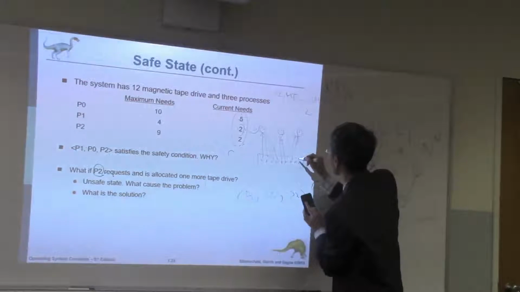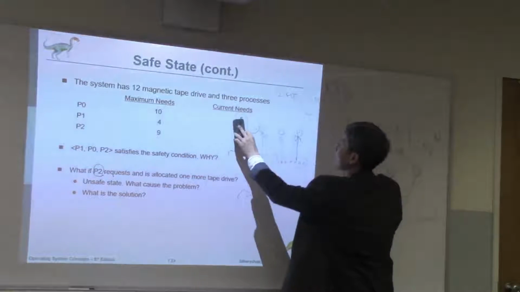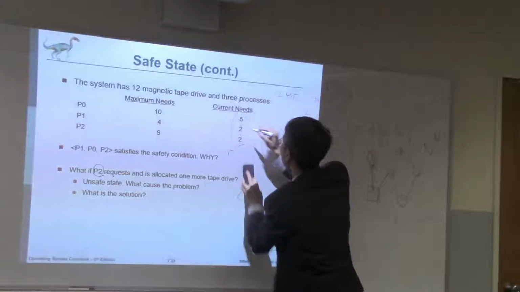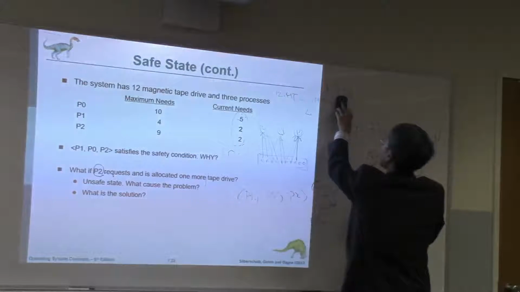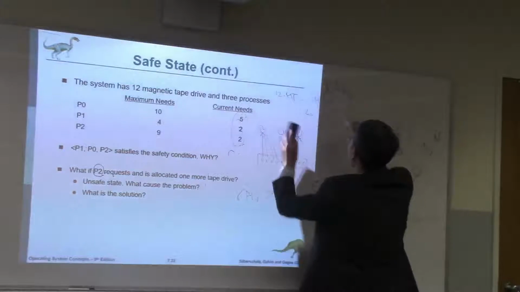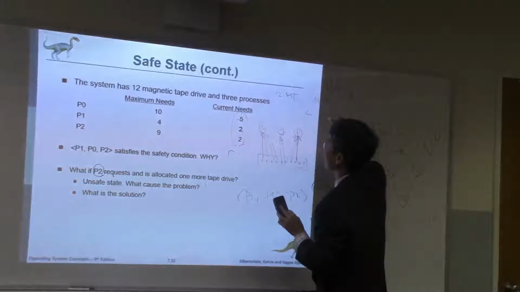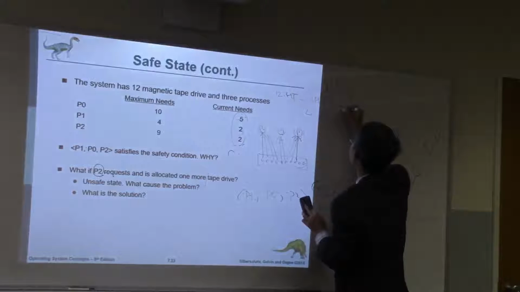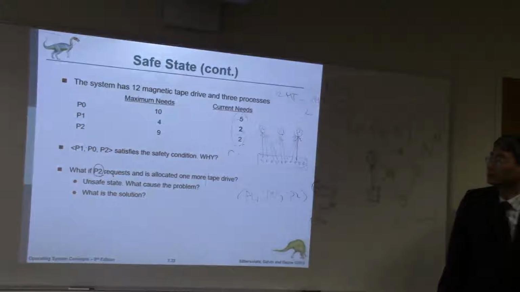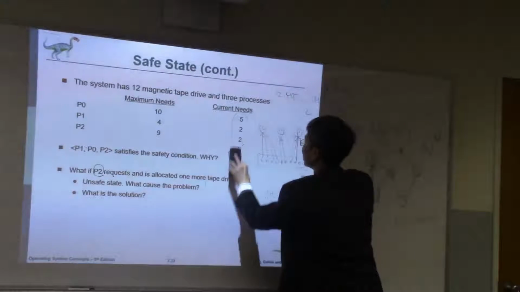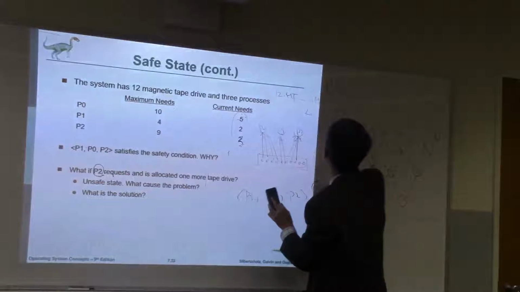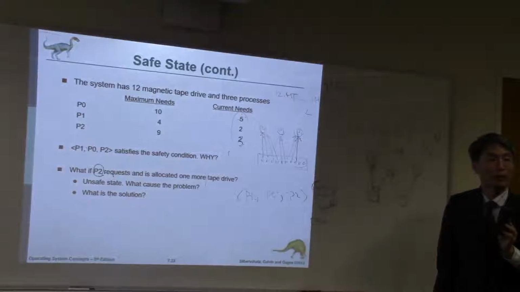So assume this one is allocated to P2, so P2 currently holds 3 of them. What is the available number? 2 of them are available.